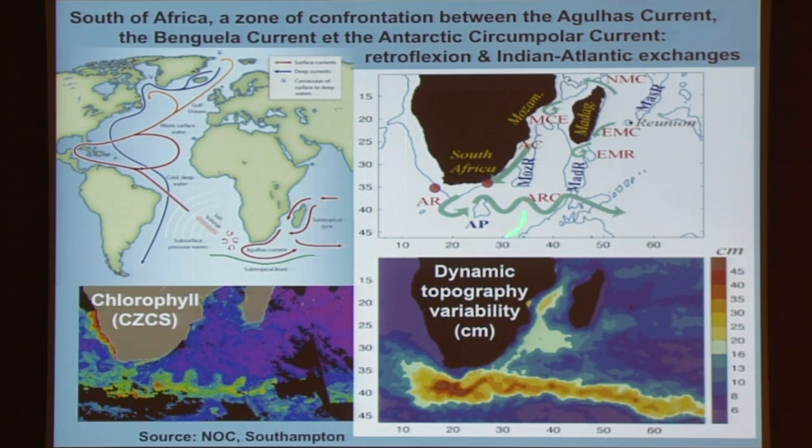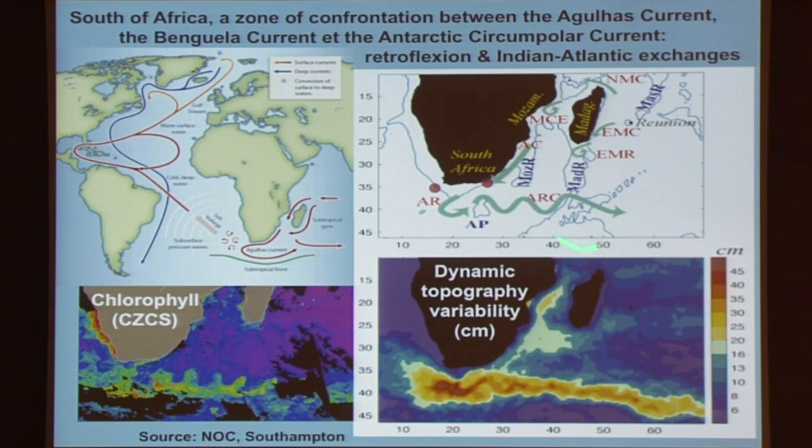We call that the Agulhas retroflexion, and then the Agulhas current moves as the Agulhas return current eastward with meanders. This area is very dynamic, and we can see that with the variability of the dynamic height from satellites. This picture shows the variability of the dynamic height based on satellite data in centimeters. So we can see that there is a large variability corresponding to this area.